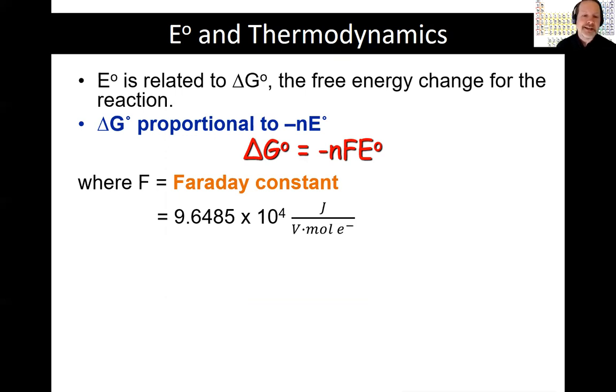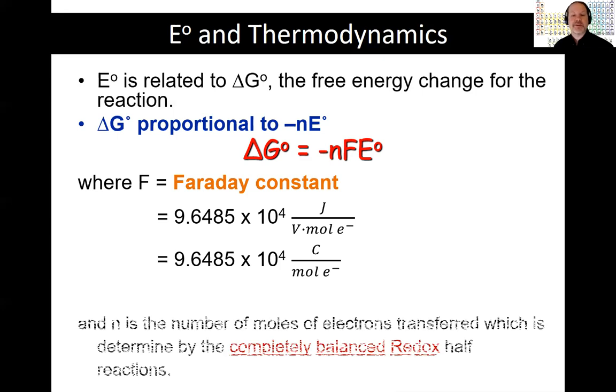Faraday's constant is 9.6485 times 10 to the 4th joules per volt per mole of electrons, sometimes also written as coulombs per mole of electrons. This has to do with the definition of what a coulomb is, which I gave earlier in the talk.